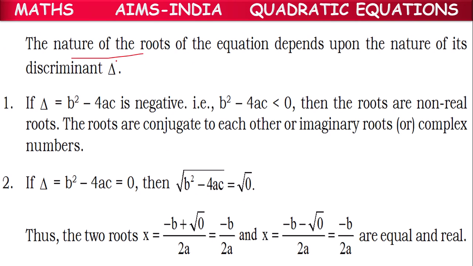So the nature of roots of a quadratic equation depends upon the nature of its discriminant, which is delta, which is b square minus 4ac.